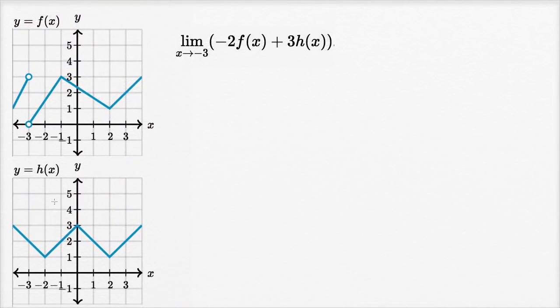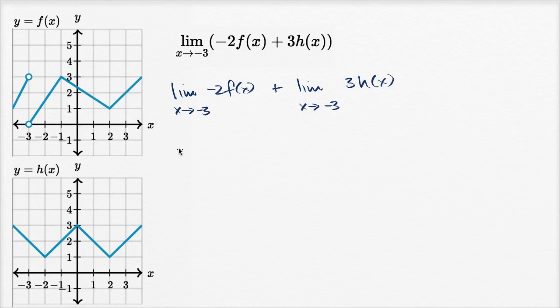So we have the limit of -2 times f of x plus 3 times h of x as x approaches -3. Well, once again, we can use our limit properties. This is the same thing as the limit as x approaches -3 of -2 f of x plus the limit as x approaches -3 of 3 times h of x.